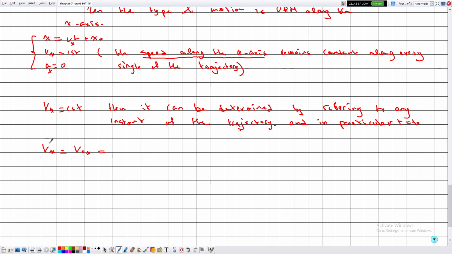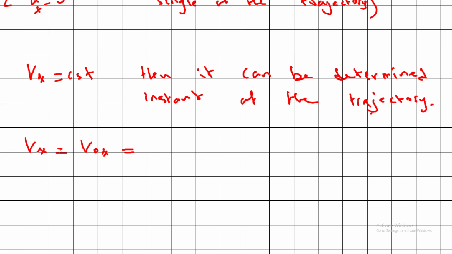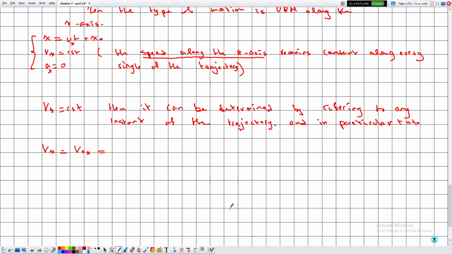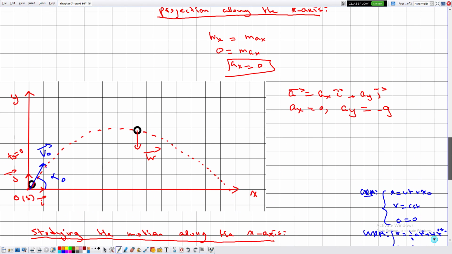So notice that now we are determining the x component of v0. What does the x component represent? It's simply the projection of the v0 vector. Notice that here the v0 vector is simply given by v0xi plus v0yj.